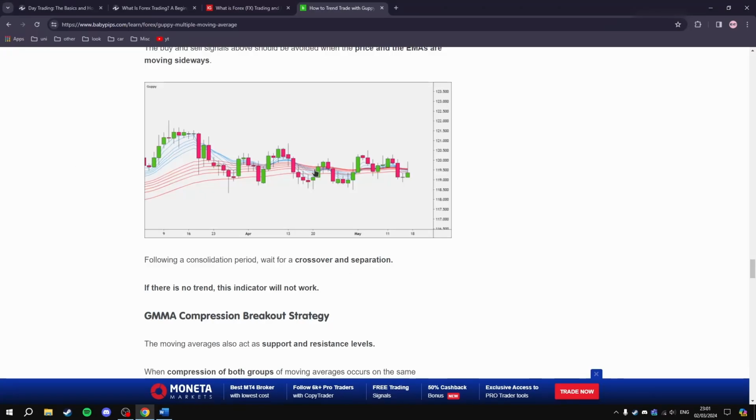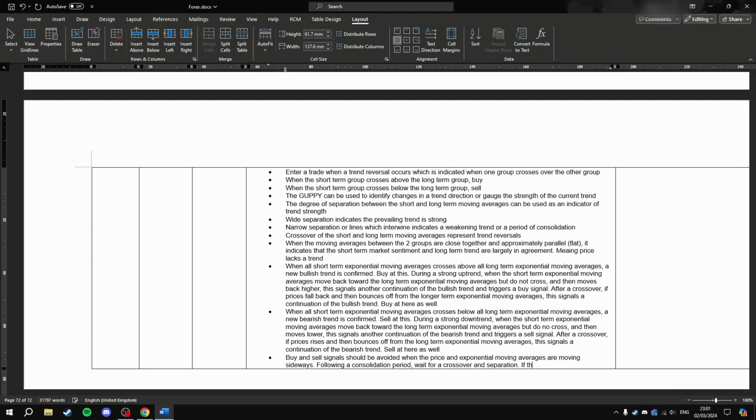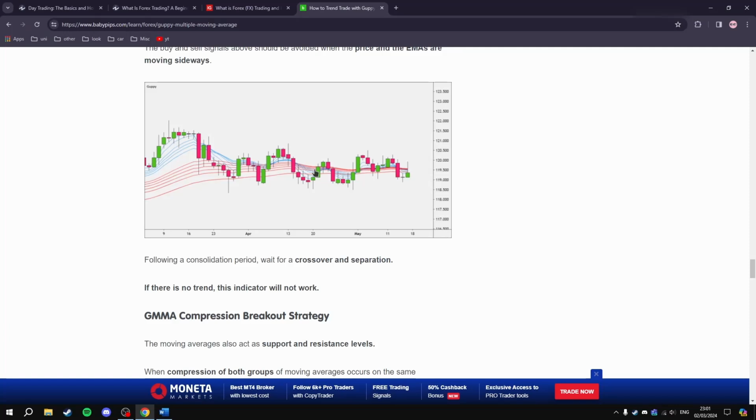If there is no trend, this indicator will not work. There is no trend, this indicator will not work, aka the Guppy indicator will not work if there's no trend.